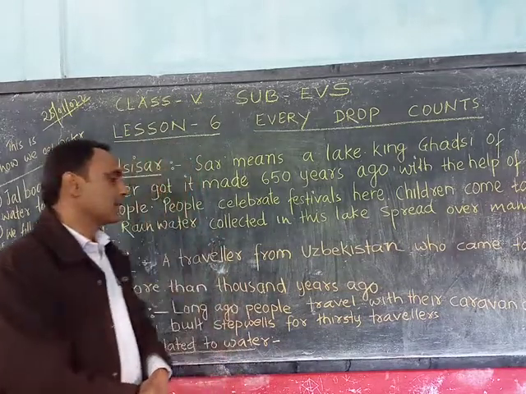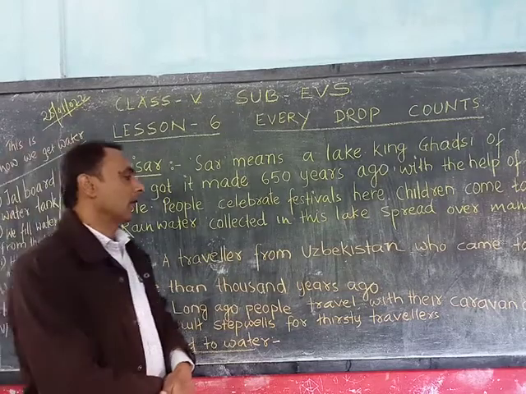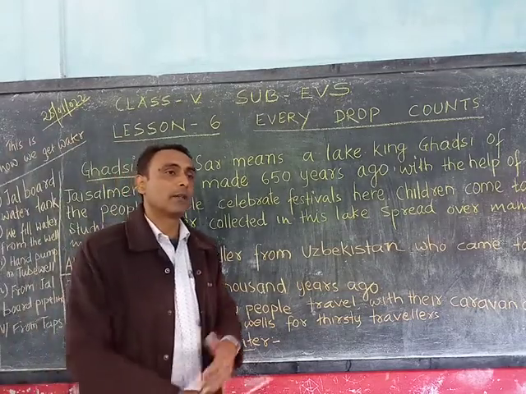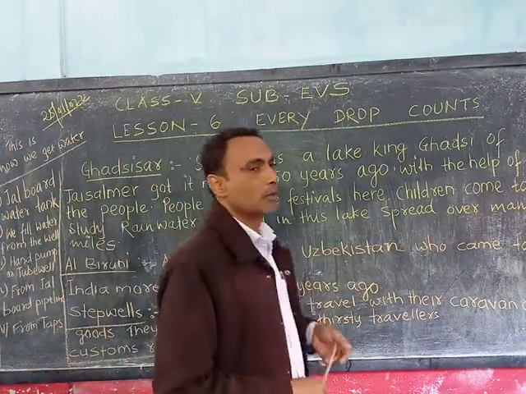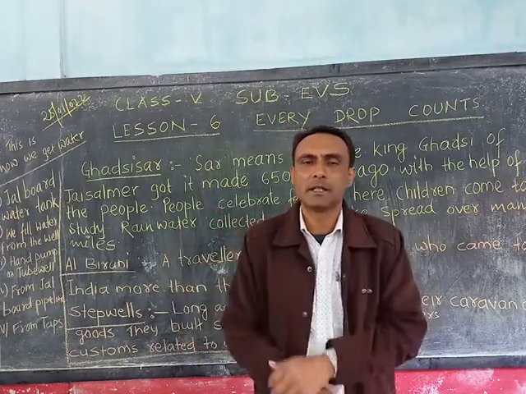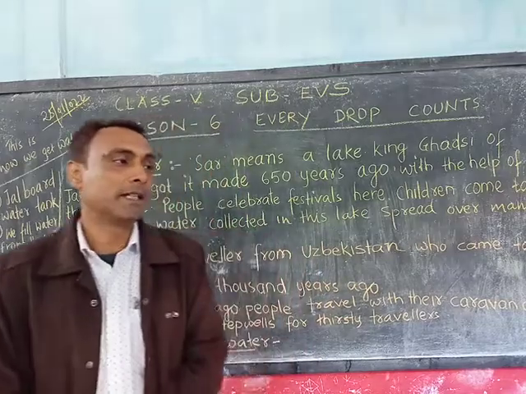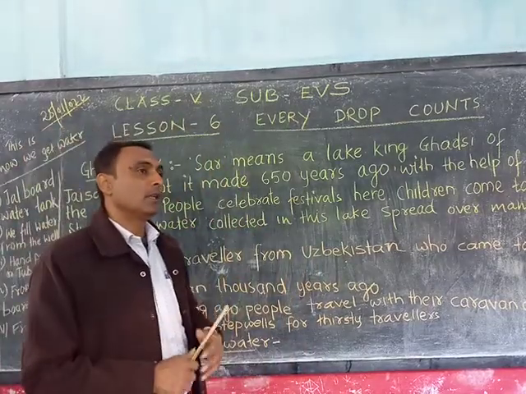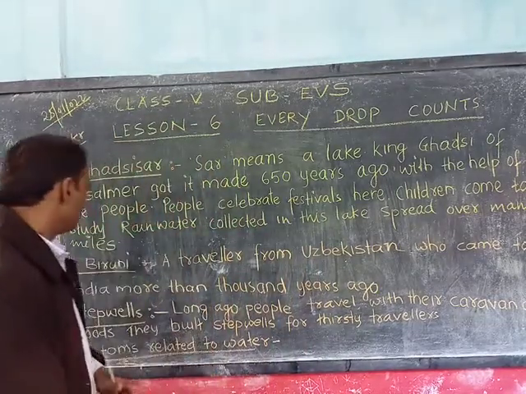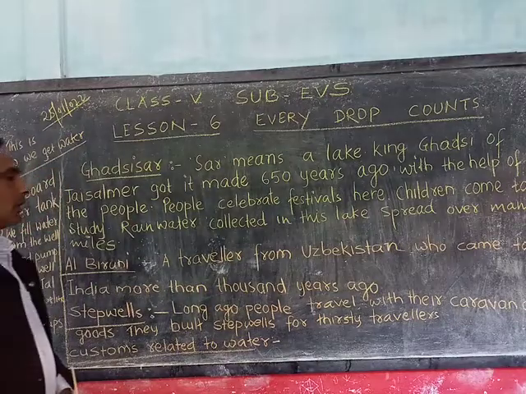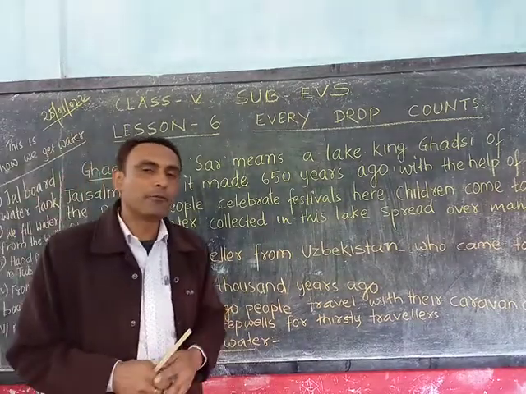If the caravans or travelers, along with their animals and goods, had to go to far places, then how did they quench their thirst? At that time they built step wells. They built step wells.